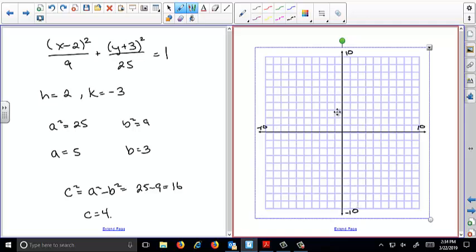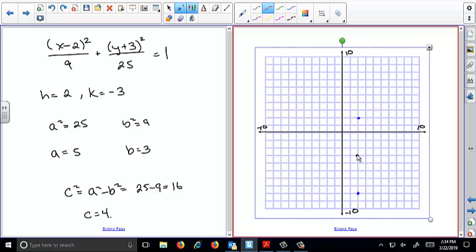Okay, so what we'll do here is plot the center. So that's 2, -3. It's right there. And then we'll count 5 units in the y direction, because this a is associated with the y. So you go 1, 2, 3, 4, 5 here, and 1, 2, 3, 4, 5 there.